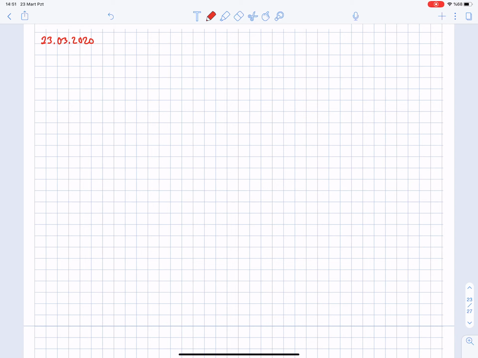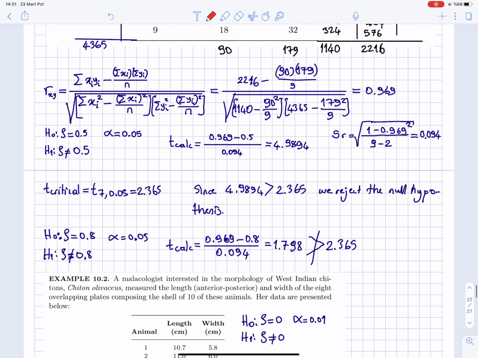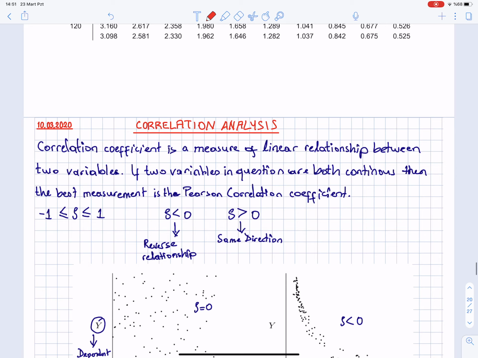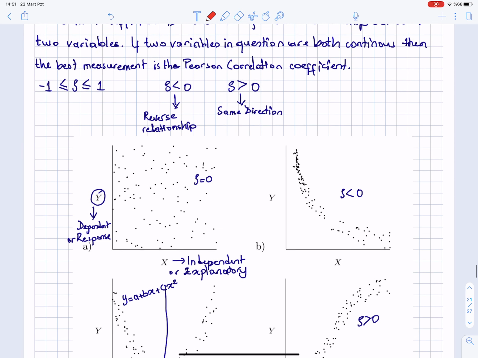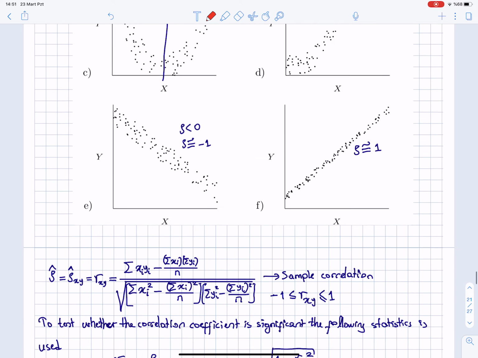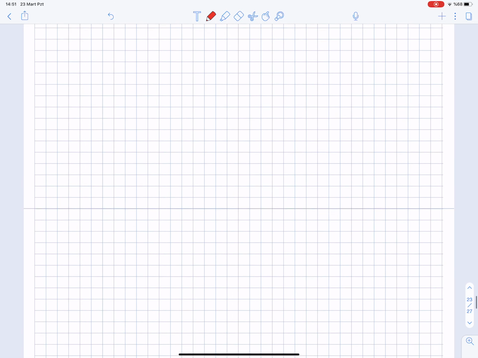attacking the whole globe. In the previous lecture, we studied the Pearson correlation coefficient and its hypothesis testing. Remember that it was the correlation analysis, and the correlation coefficient for the Pearson is exactly the same as the other correlation coefficients.